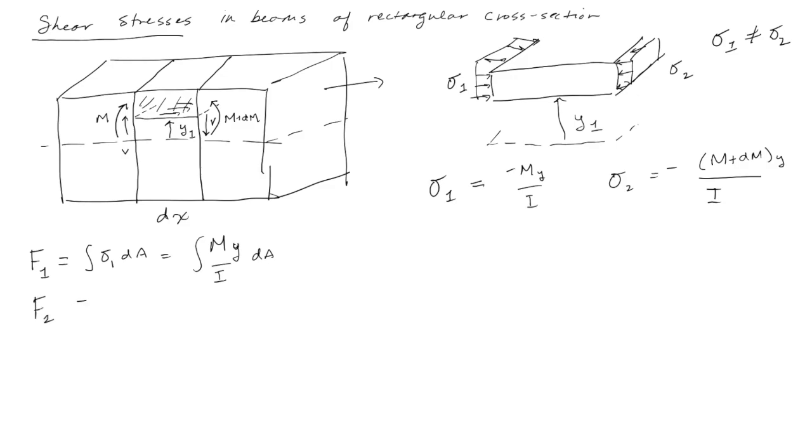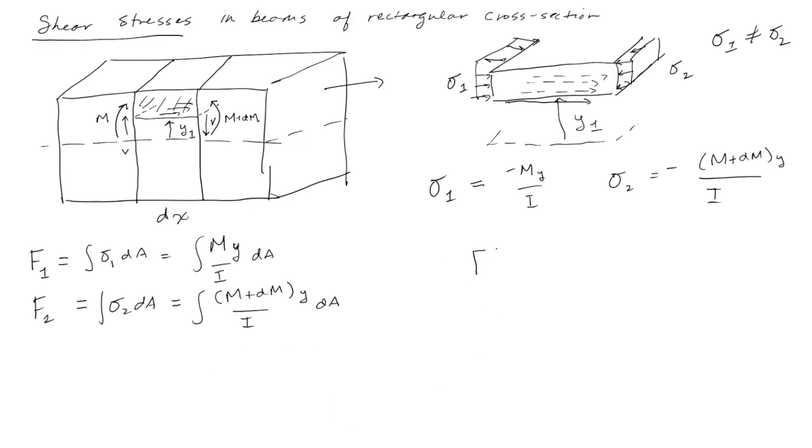F2 is going to be the integral of sigma 2 dA, which is M plus dM, y over I, dA. And then, as I mentioned, there's a distributed shear stress field that develops underneath there, and we'll call that F3.